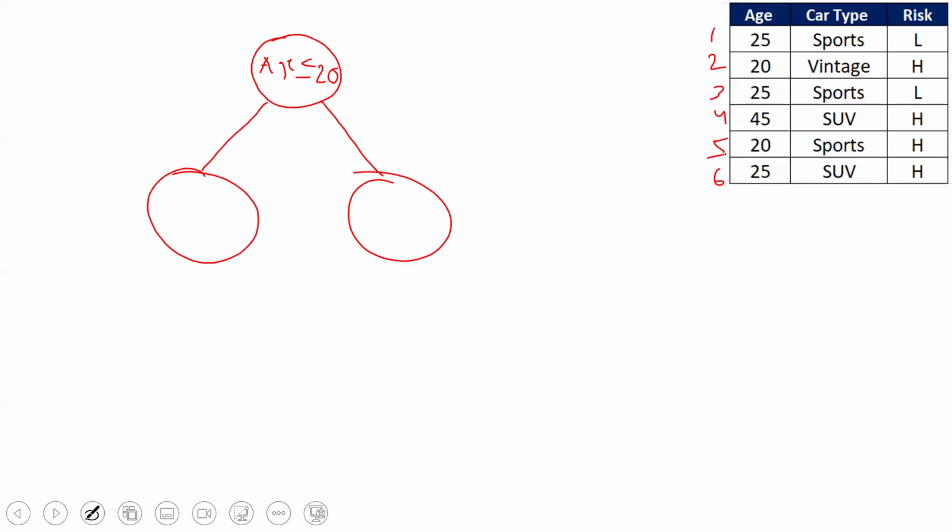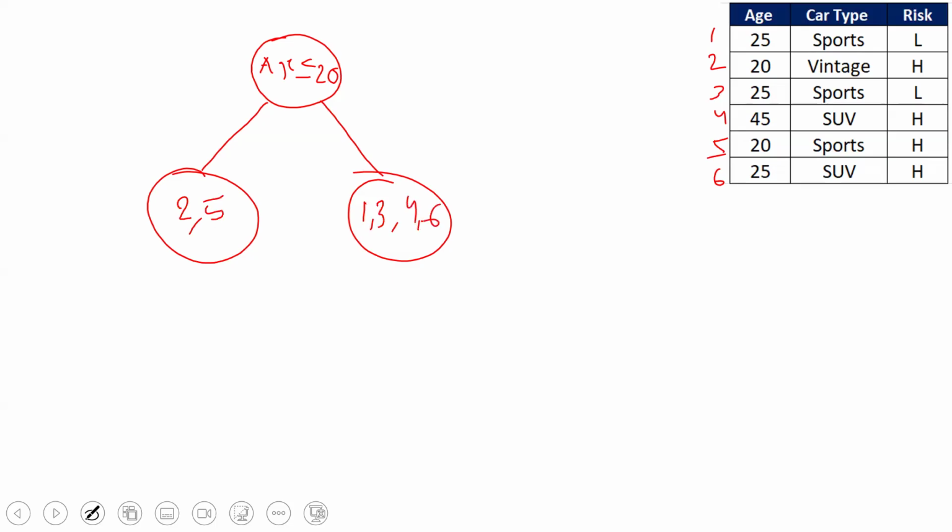The points that fall on this side are 2 and 5, and the others that fall here are 1, 3, 4, and 6.